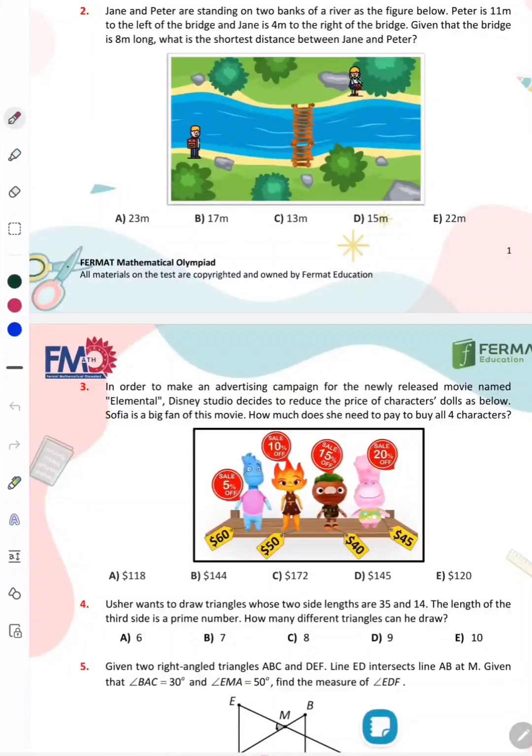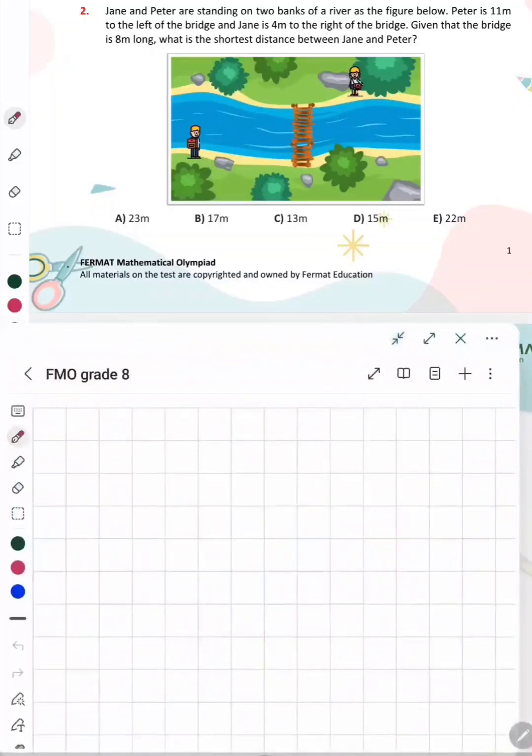Number 2. Jane and Peter are standing on 2 banks of a river as in the figure below. Peter is 11 meters to the left of the bridge and Jane is 4 meters to the right of the bridge. Given that the bridge is 8 meters long, what is the shortest distance between Jane and Peter? Let's sketch it on the diagram. Let's say this is the bridge and Jane is on the right of the bridge.